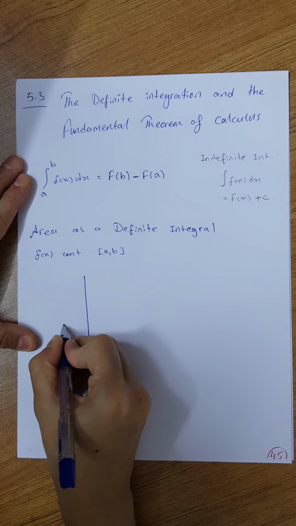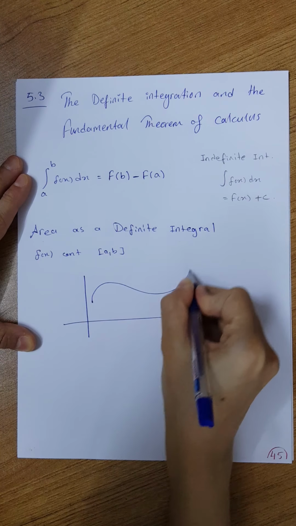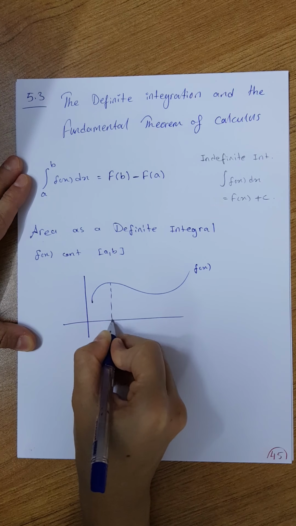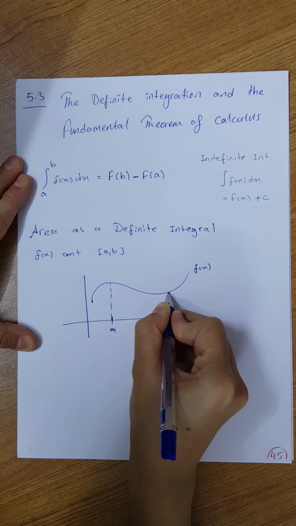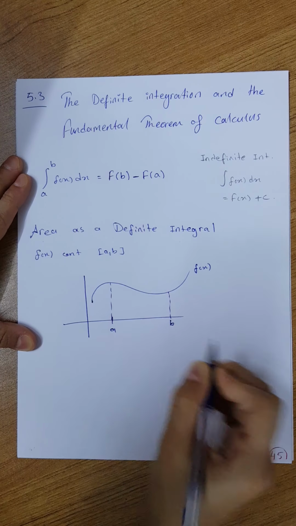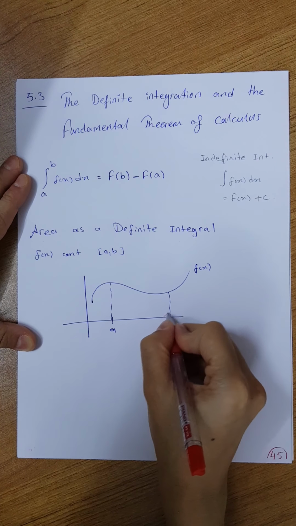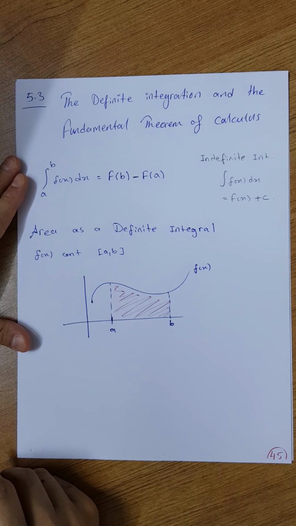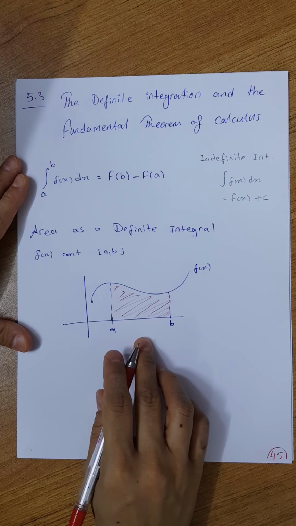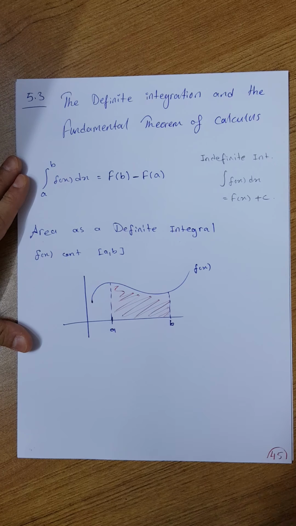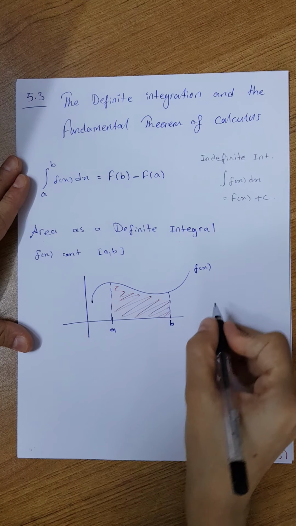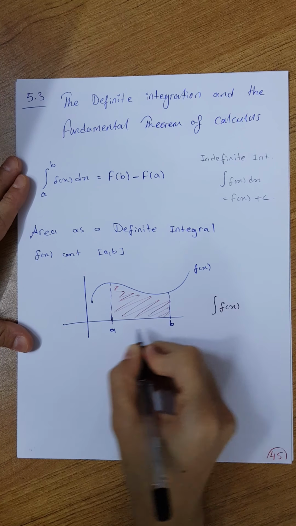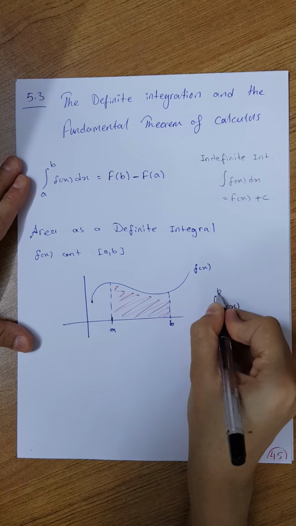For example, the function is f of x like that, and it's required from us to find that area. To find that area, what do we use? We use integration. We say the integration of f of x from a to b.